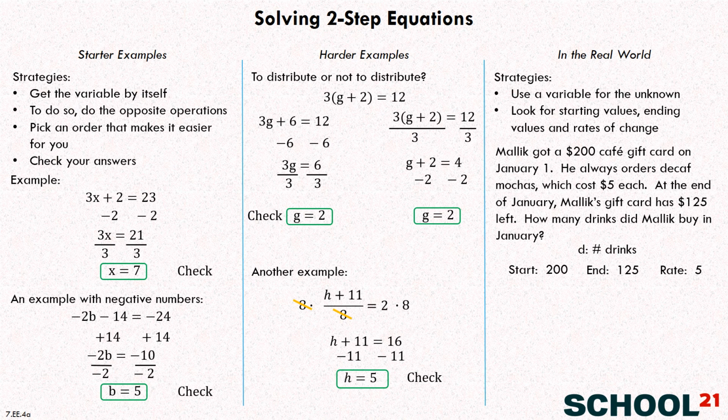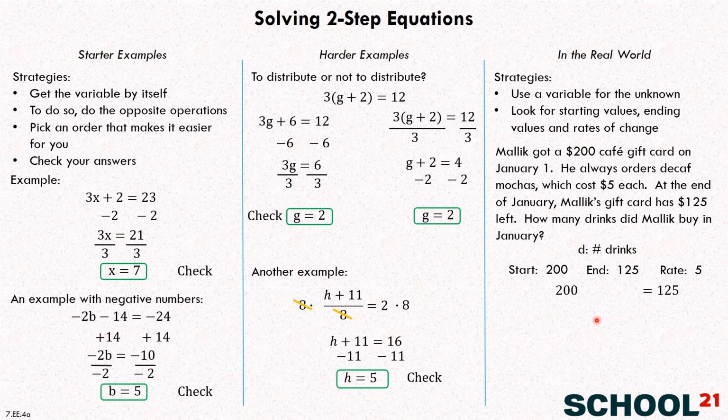Okay, now let's try to put all this together into an equation that tells the story of what happens. So we can always start with the starting value of 200. And we know we ended up with the ending value of 125. And then something happened in there. We were moving from this larger value of 200 to the smaller value of 125. And something between the 5 and the D was happening. What was that?